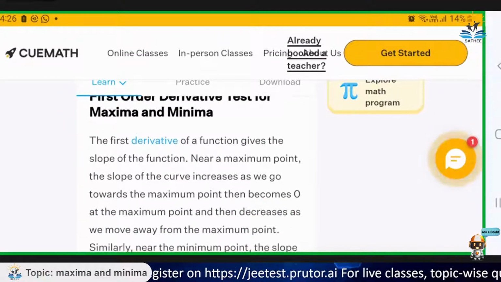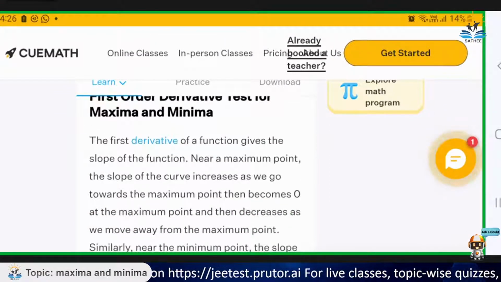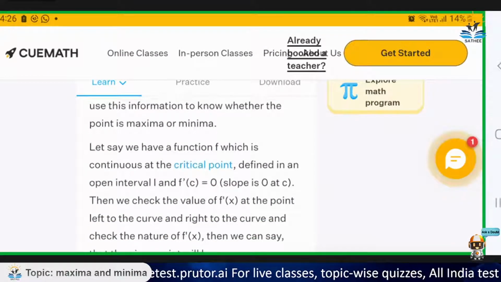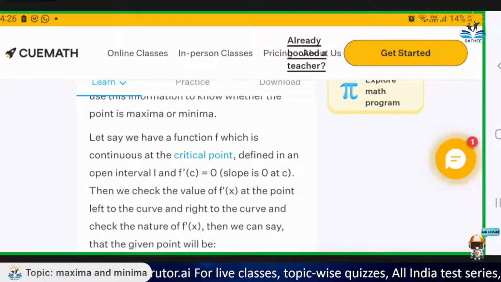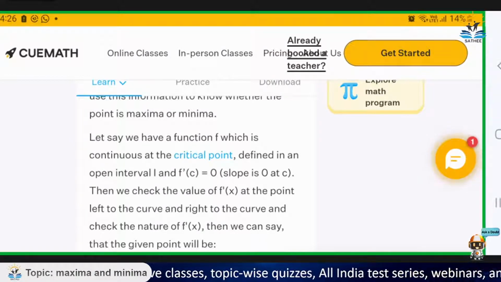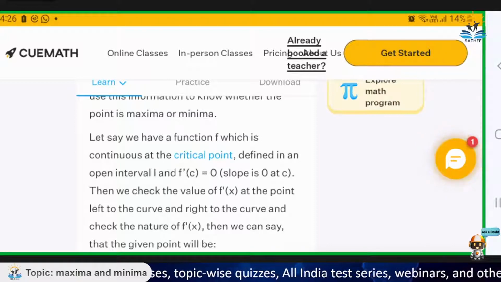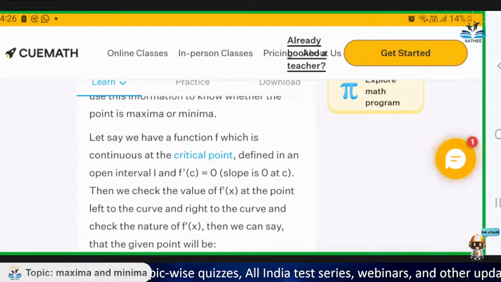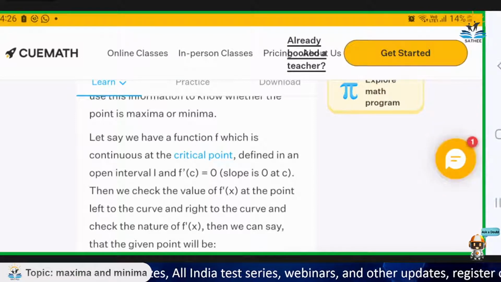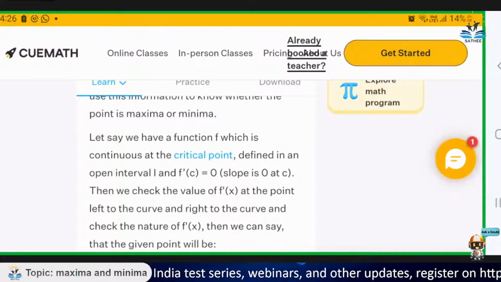The first order test says that suppose we know the function f(x). Now by seeing the slope of the function, that is f'(x), we can tell whether we have a local maxima or a local minima.